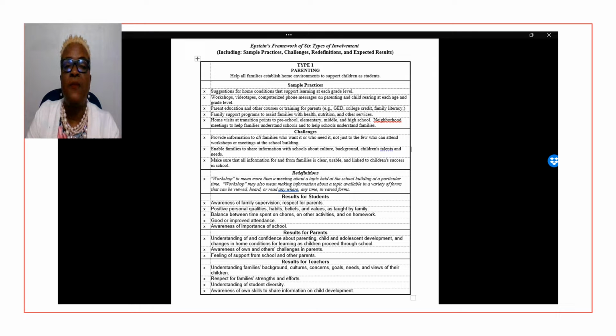The six types are parenting, communicating, volunteering, learning at home, decision making, and collaborating with the community. Our PLC decided to focus on parenting and using partnering with parents as our first step in promoting parental engagement.